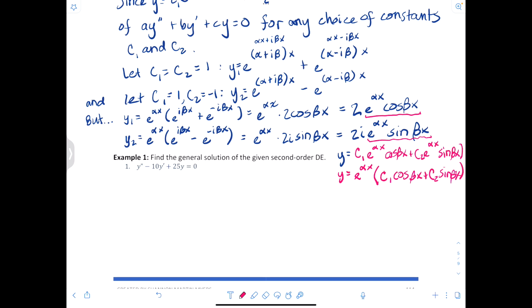So here we go. You'll really appreciate this. This is what you want to take away from this one. So actually, let's go through our takeaways here. This one is what we would want for our complex roots.